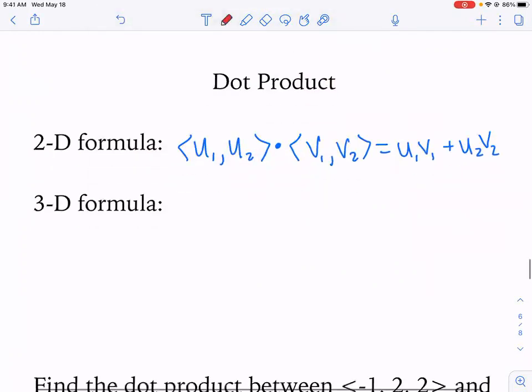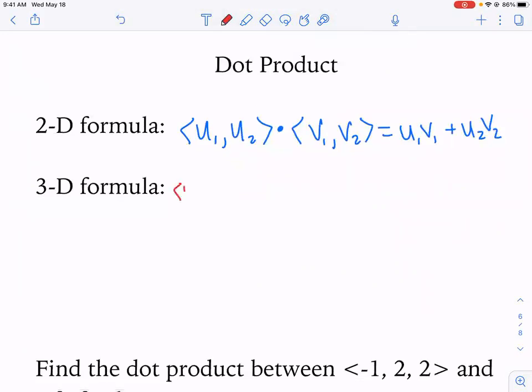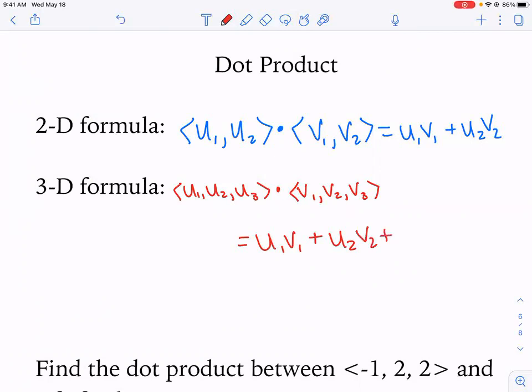You don't have to answer me, okay? So if we have two vectors in 3 dimensions, same thing, people. We are going to take the horizontal components and multiply them, plus the vertical components and multiply them, plus the z components and multiply them.